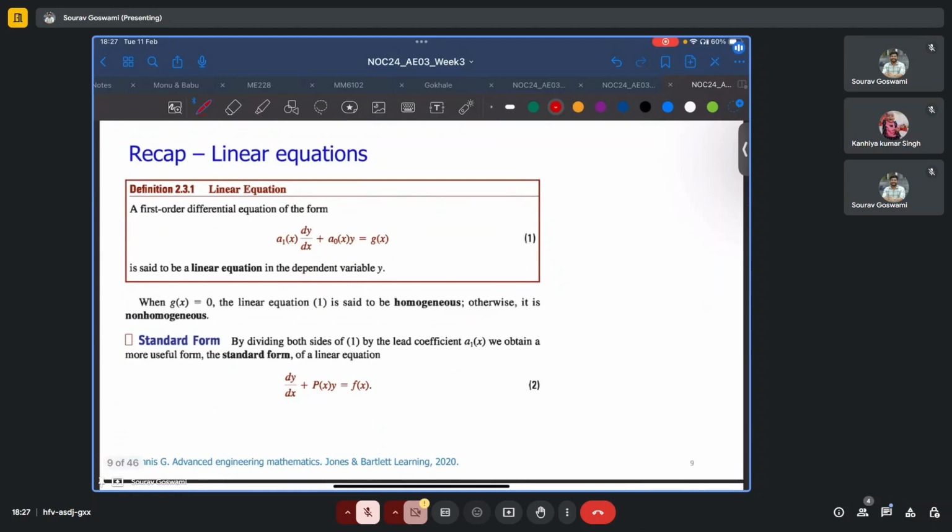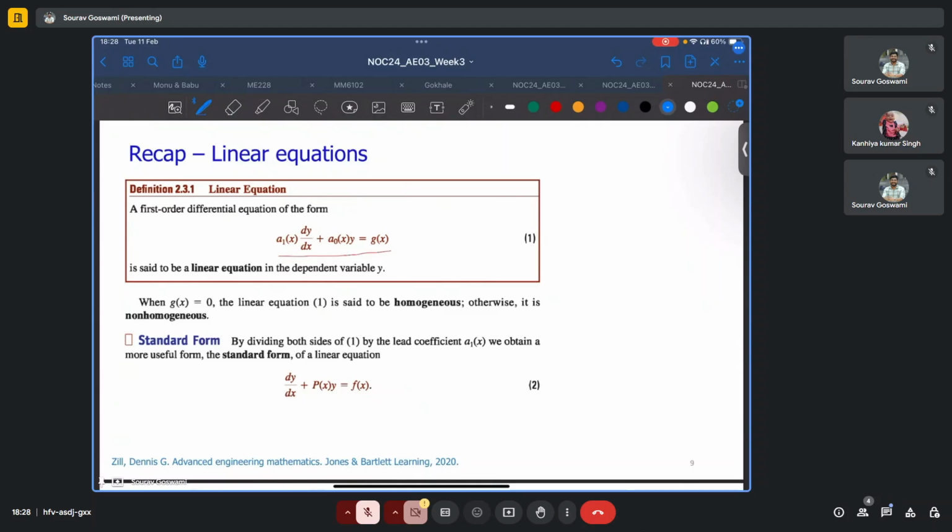Another system of important equations are called linear equations. The first order differential equation of the form a1(x) dy/dx plus a0(x) y equals g(x) is a linear differential equation. When the RHS, g(x), is equal to 0, it is said to be homogeneous, as we have already been talking about since the past two lectures.